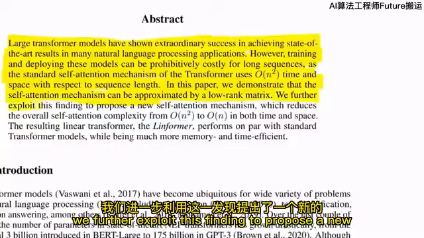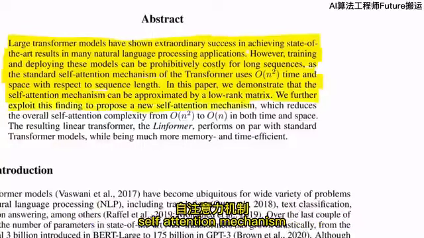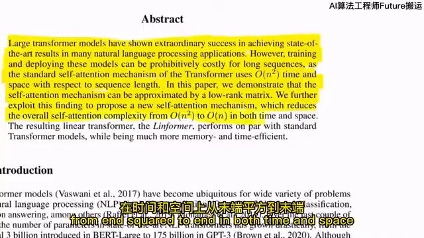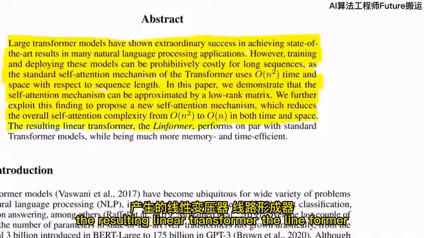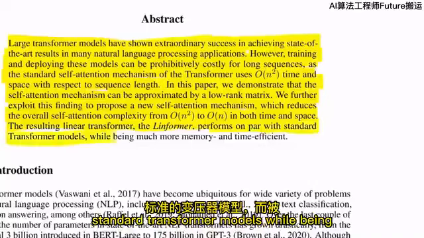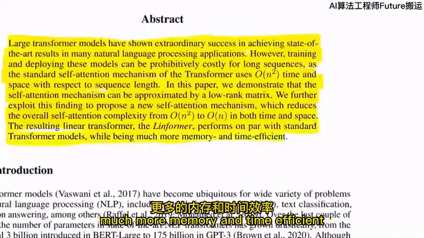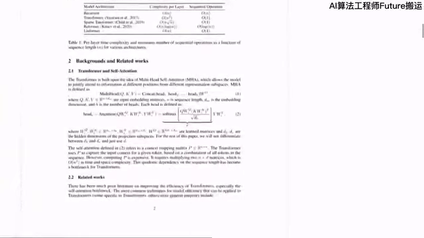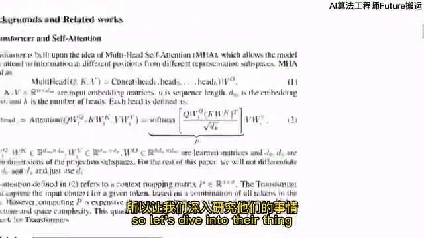We further exploit this finding to propose a new self-attention mechanism, which reduces the overall self-attention complexity from n squared to n in both time and space. The resulting linear transformer, the Linformer, performs on par with standard transformer models while being much more memory and time efficient.